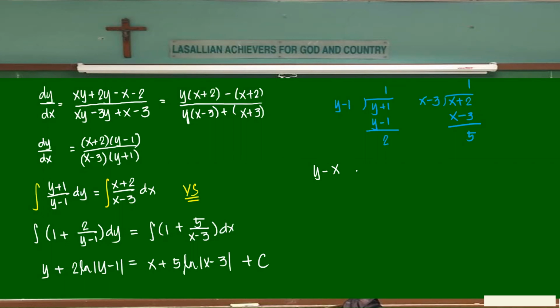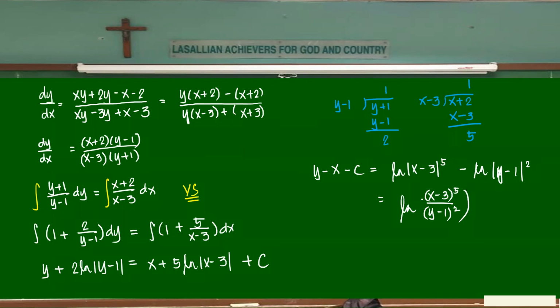y minus x, I'll just combine them on the other side, y minus x minus c equals ln of x minus 3 raised to 5 minus ln of y minus 1 raised to 2. So that means this one is x minus 3 to the 5th over y minus 1 squared.